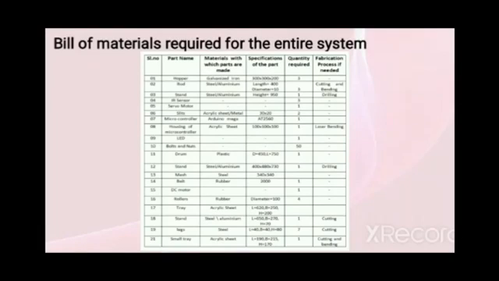The bill of materials required for the entire system tells us about the major parts involved, the materials with which parts are made, the specifications of the parts along with the quantity required, telling us whether the fabrication process is required or not.